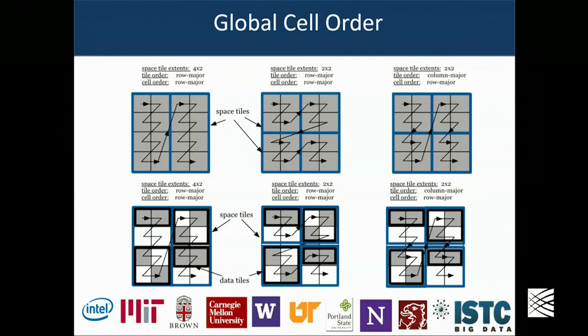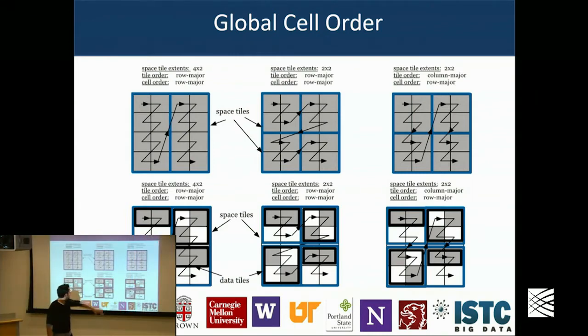But here, I have to emphasize the following. In the case of sparse, we need to define another concept, which is called here the data tile. That's the actual tile that TileDB gets its name from. So the idea is the following. Suppose that we have a dense array, and we want to somehow group cells together.